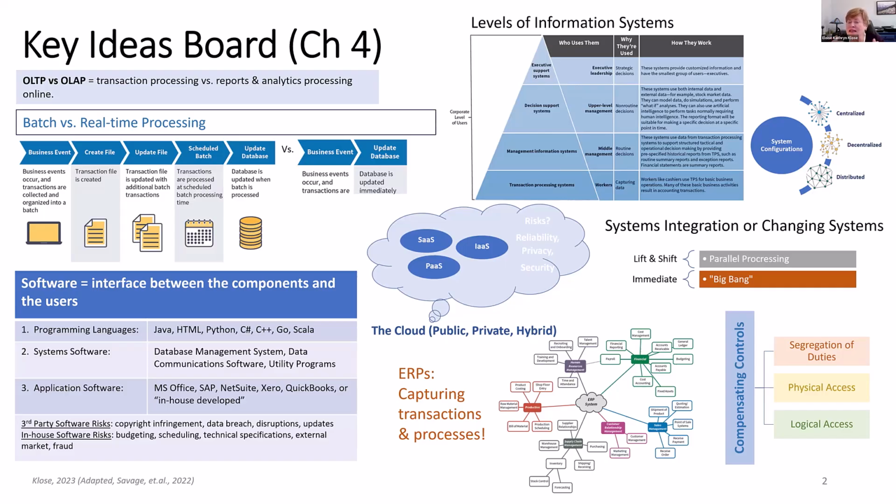Then as we keep refining this data and moving it into more and more information, we get into specialized systems like decision support systems, used by upper level management, that do more strategic and non-routine analyses and decision making. We might even have models being created in these systems.